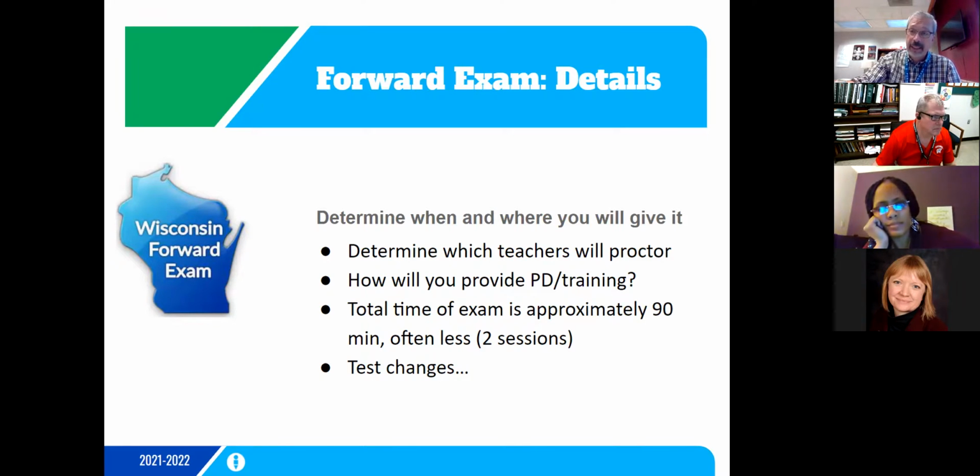Those have been put back in. Again, we need to keep track of who tested, who did not, and the reasons why they did not. So for all three of these tests, it's really important because we have to address who didn't test and for what reason. Each of these has a not tested reason portion.